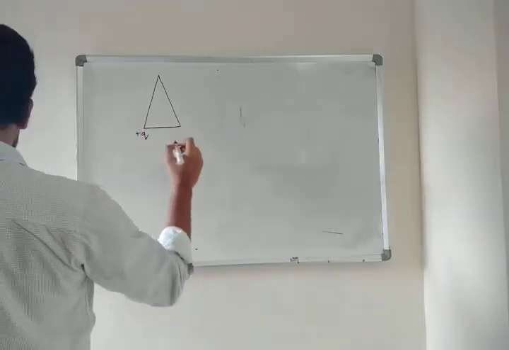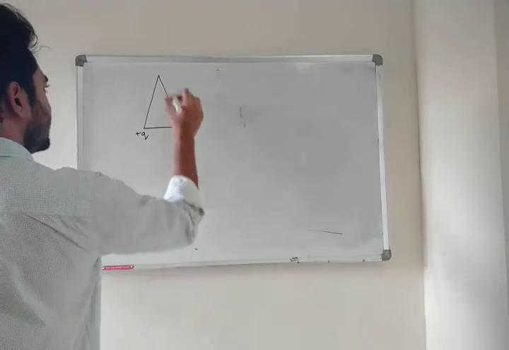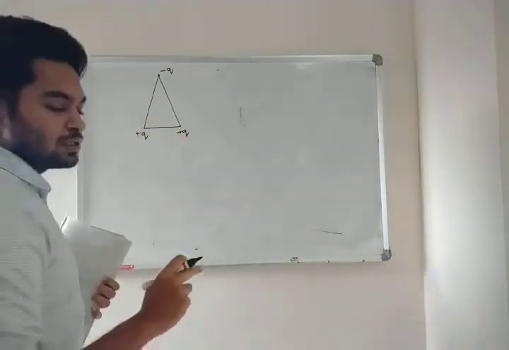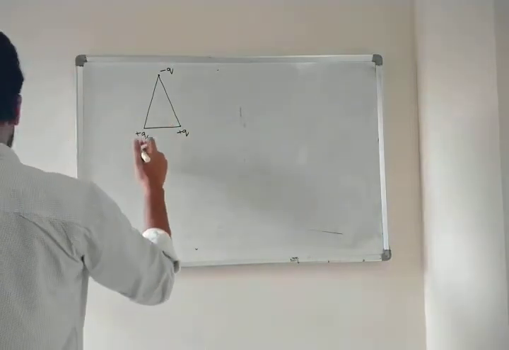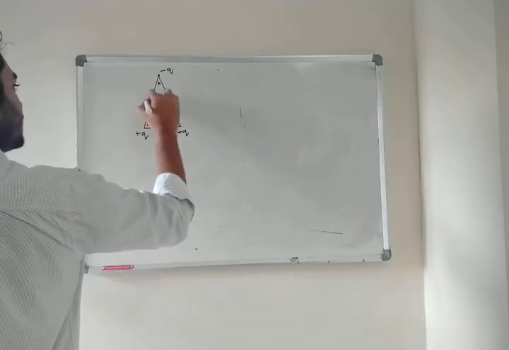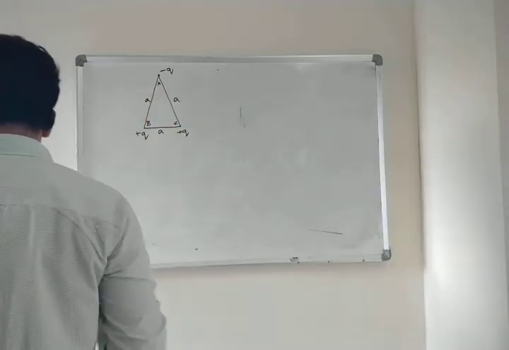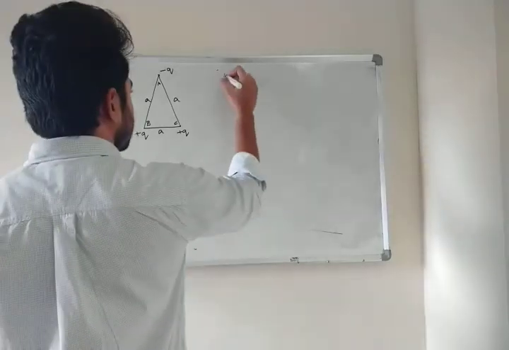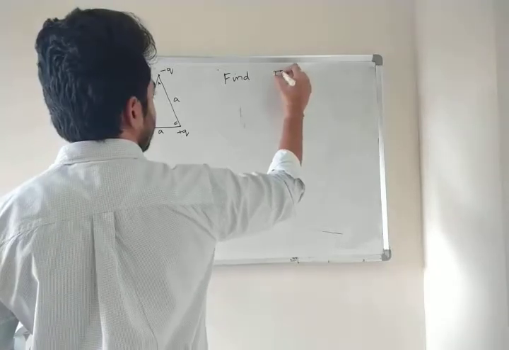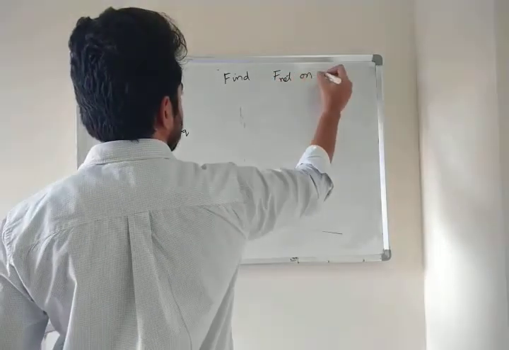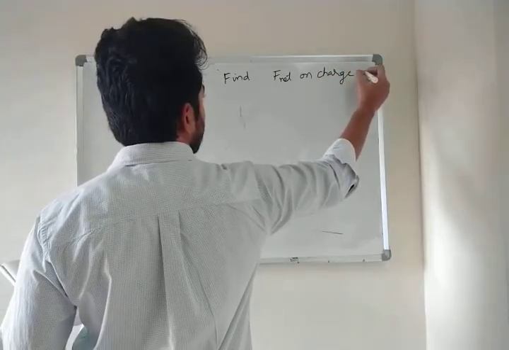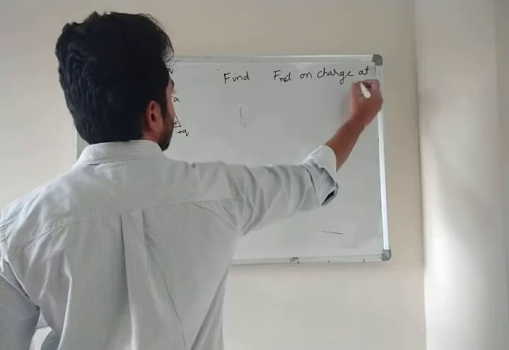This is plus Q, this is plus Q, and this is minus Q. In our previous sum we have seen all three plus charges. So here this is vertex A, vertex B and vertex C, and again it is an equilateral triangle. So pause the video. The question is, find F net on the charge at A.